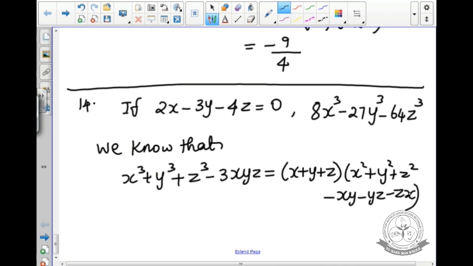Okay, so we are going to use this identity.